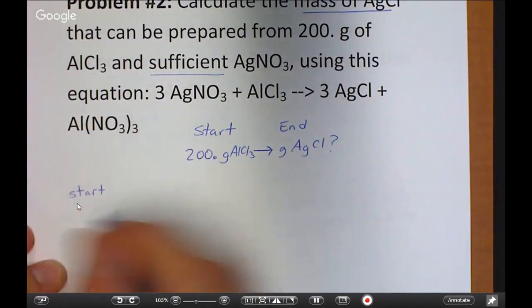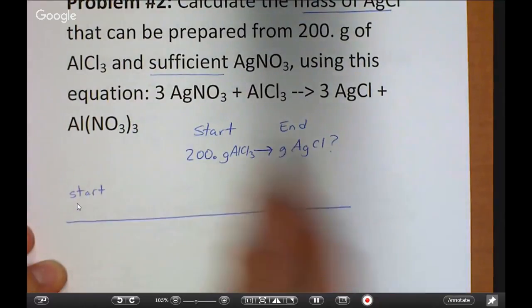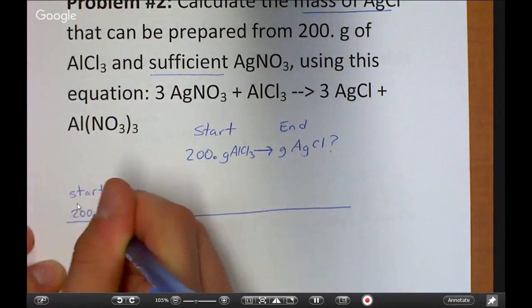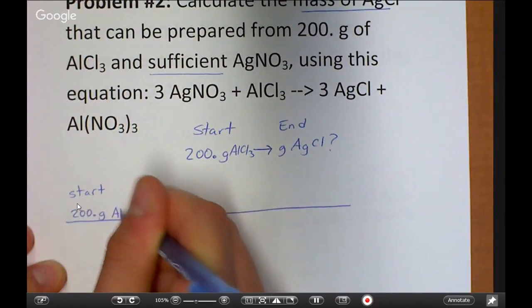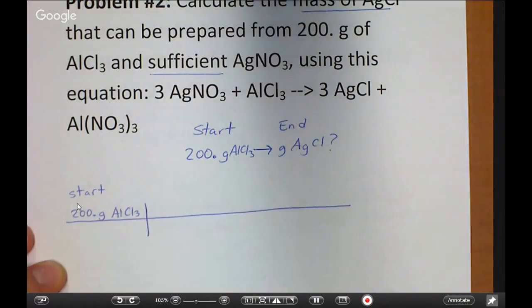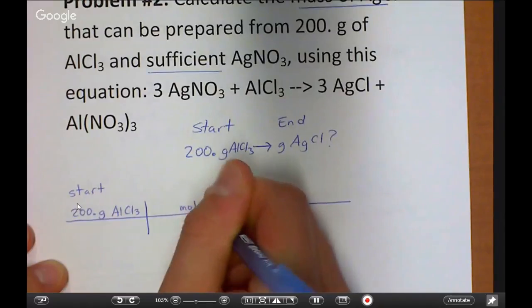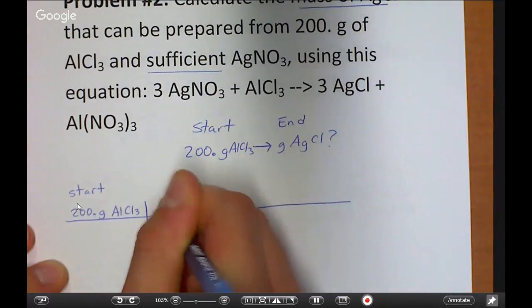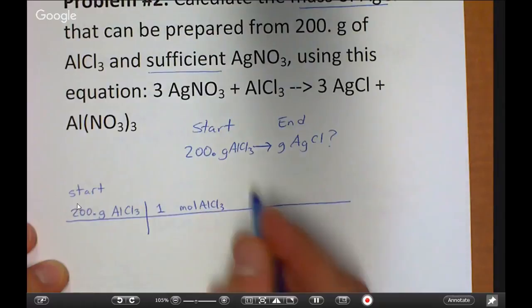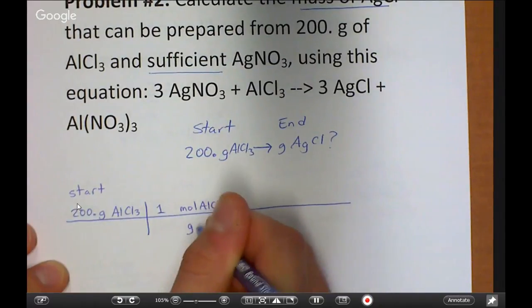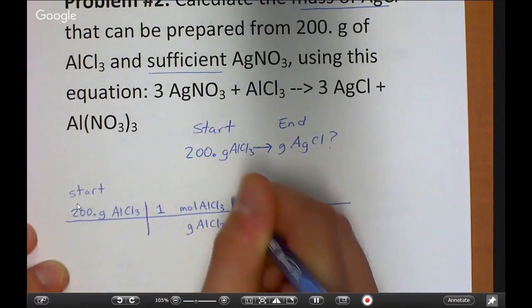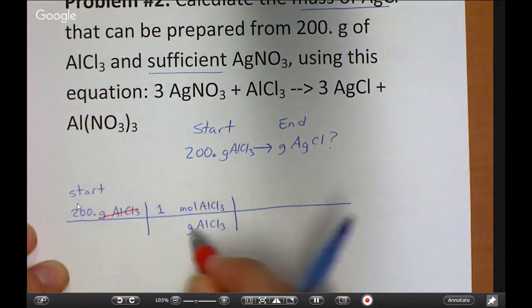We start with what we know. 200 grams of aluminum chloride. We can go from grams of aluminum chloride to moles of aluminum chloride. For every 1 mole of aluminum chloride, there is a certain number of grams of that substance, and the grams will cancel.